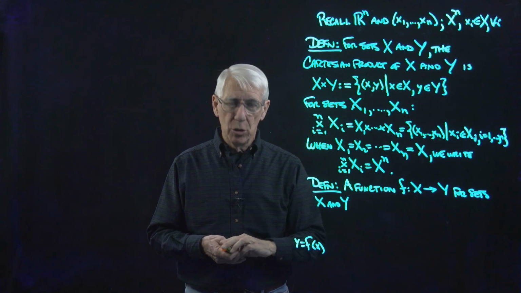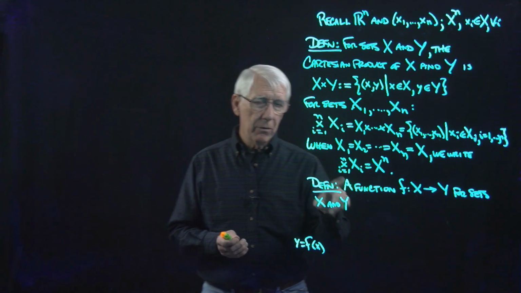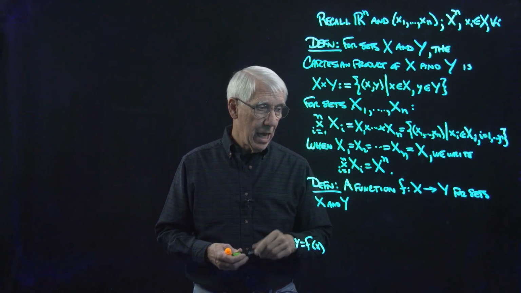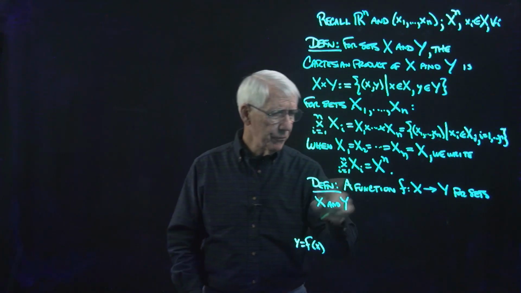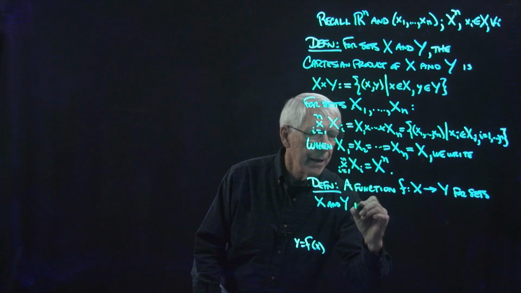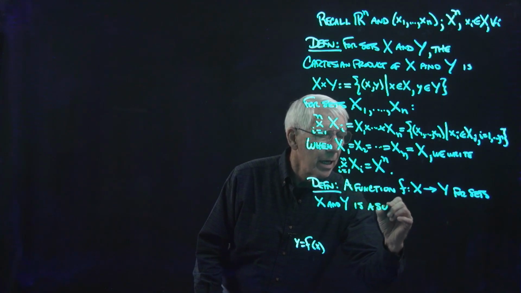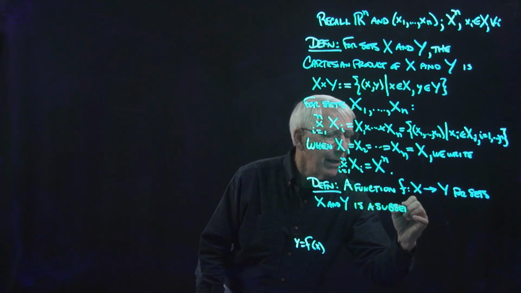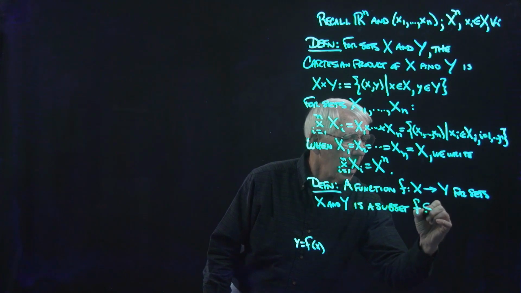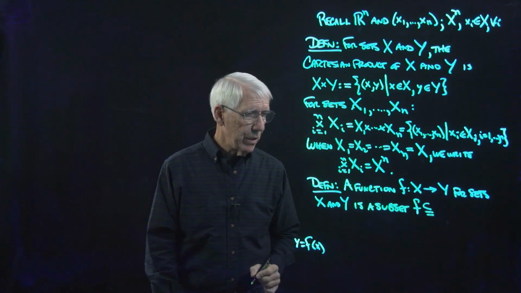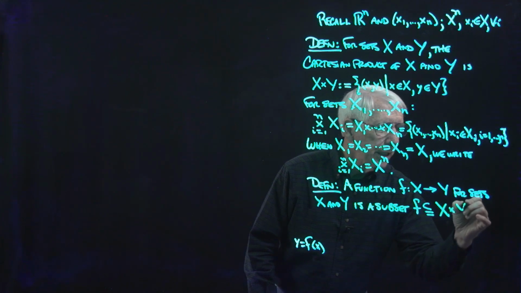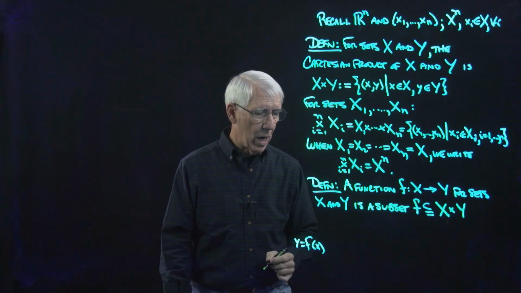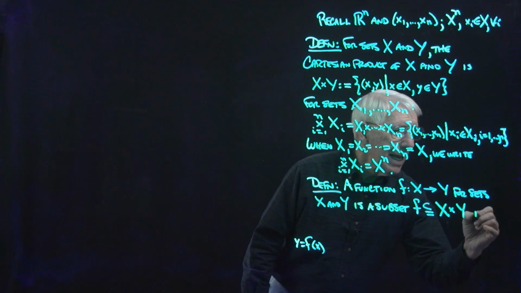Well, that's kind of informal. It's kind of intuitive, but here we're going to give an actual formal definition of a function. So a function for these two sets is a subset f of the Cartesian product, X cross Y, but it's not any subset.